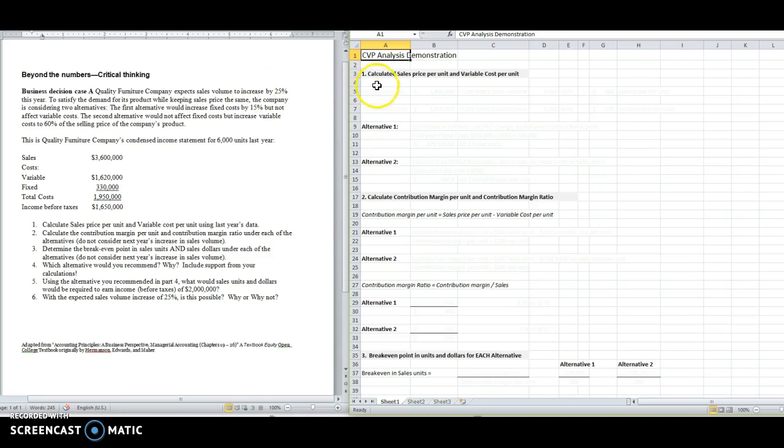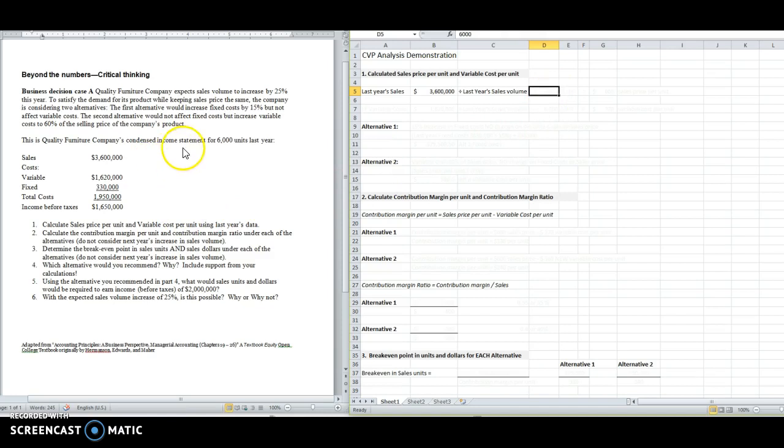The way that we're going to calculate our sales price per unit, we're going to take last year's sales and divide it by last year's sales volume. Last year's sales dollars, sales revenue, all mean the same thing. So we're at 3.6 million.